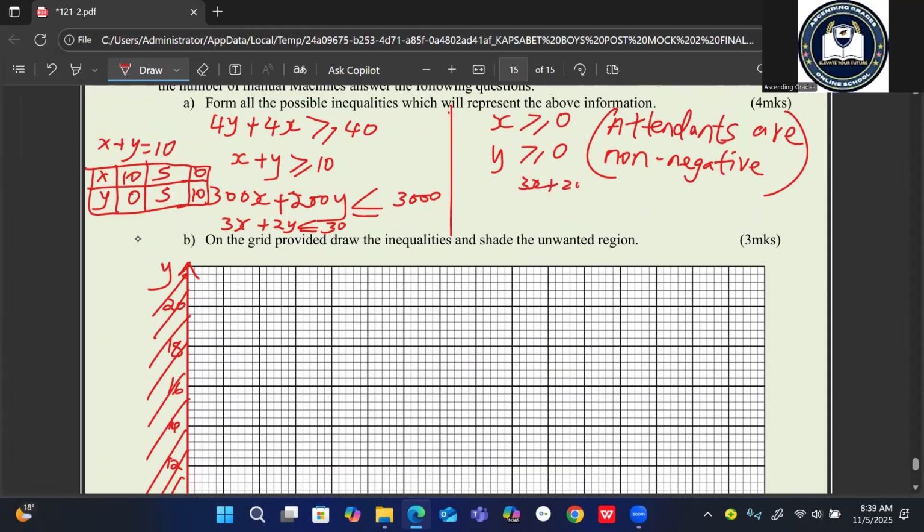So you can draw the table so that you can plot that one.